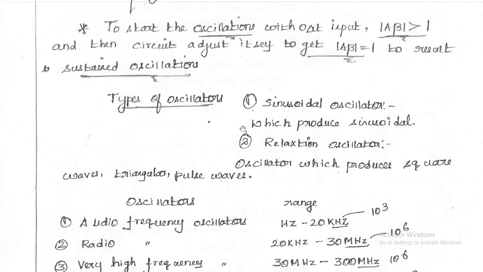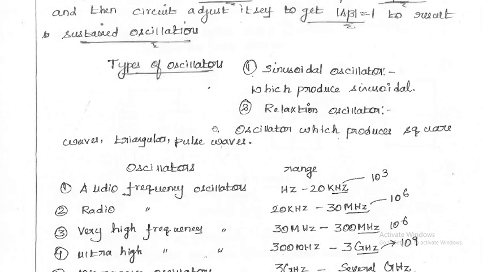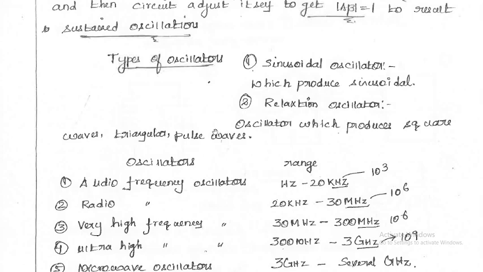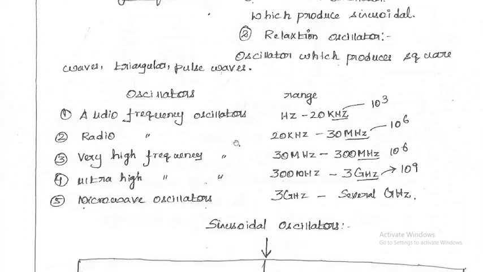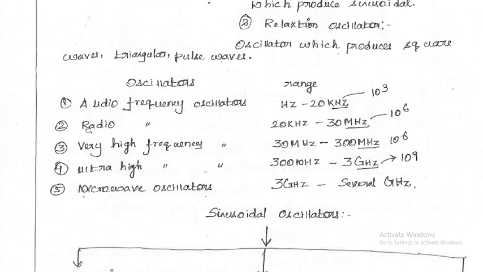And next we can see the types of oscillators in our second unit. As I told before, the overall types are, first, sinusoidal, and second, non-sinusoidal oscillators or relaxation oscillators. Here let us see the frequency range of the oscillators.